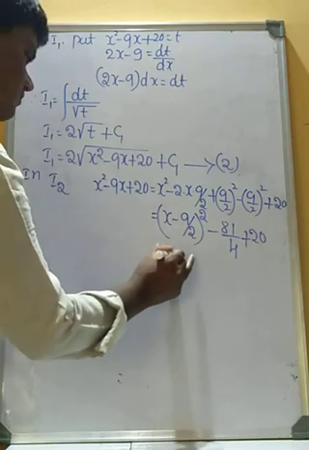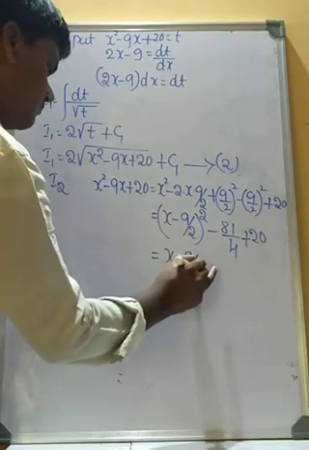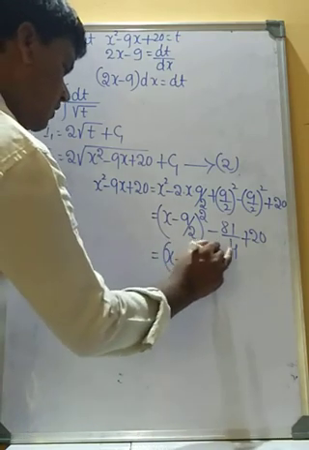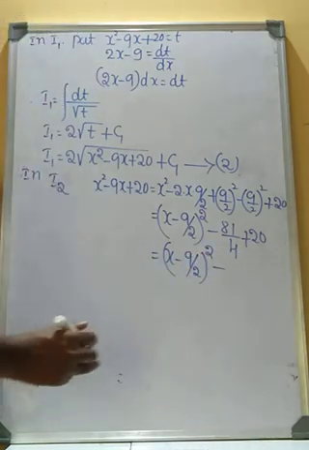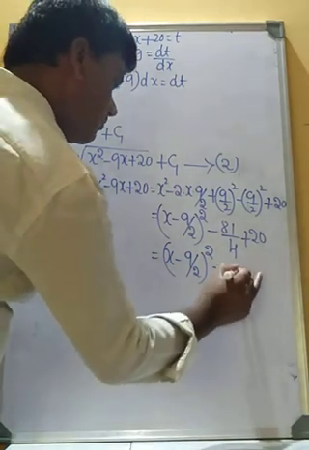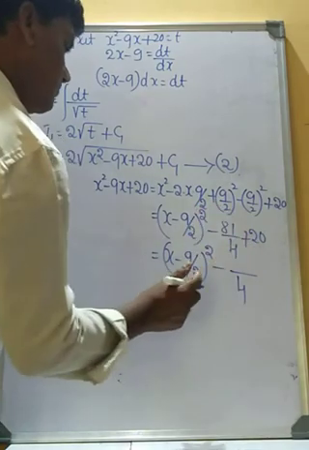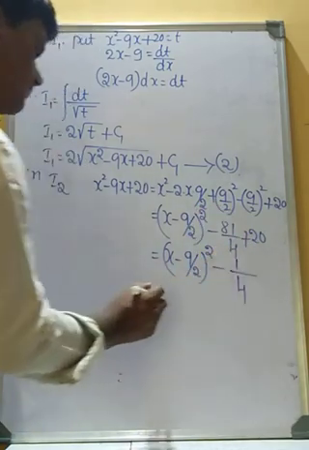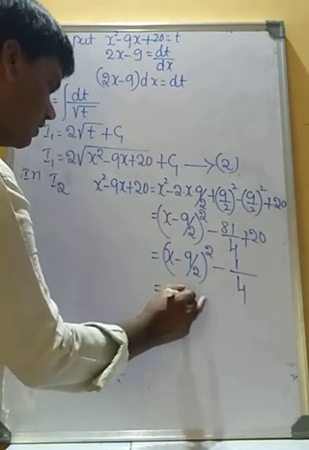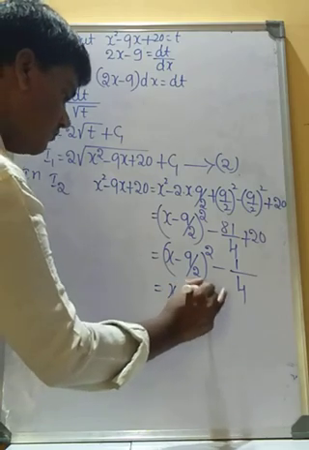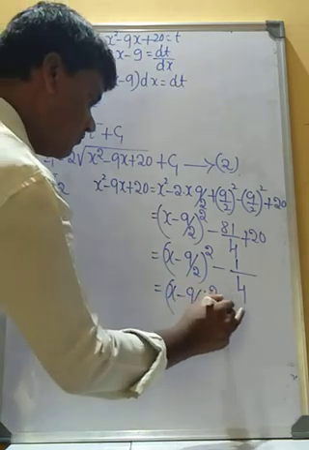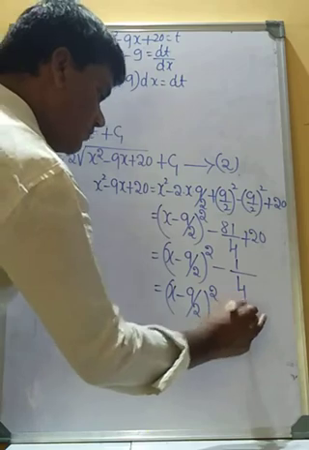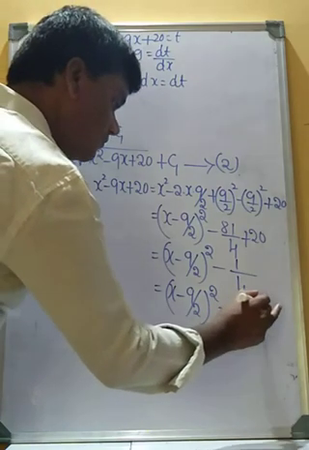It is equal to x minus 9 by 2 whole square minus, the LCM is 4, so 81 minus 80 is 1, so 1 by 4, which can be written as 1 by 2 whole square.